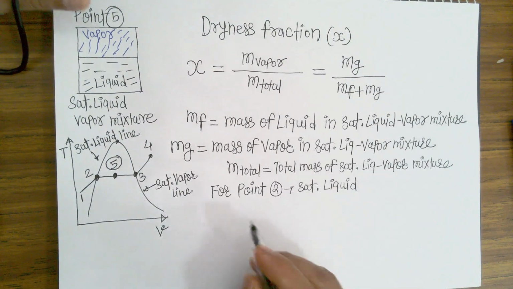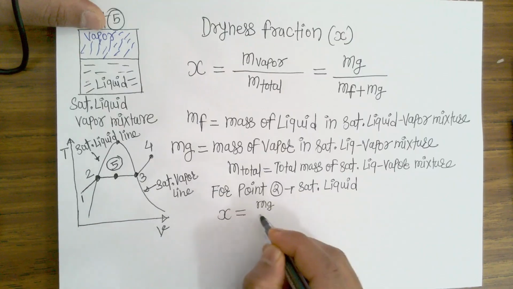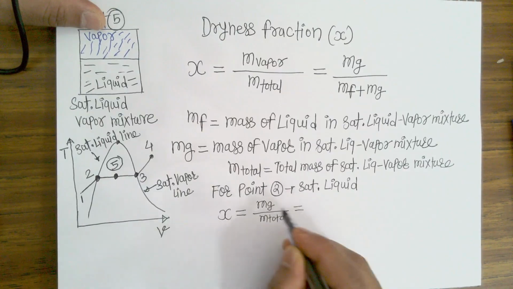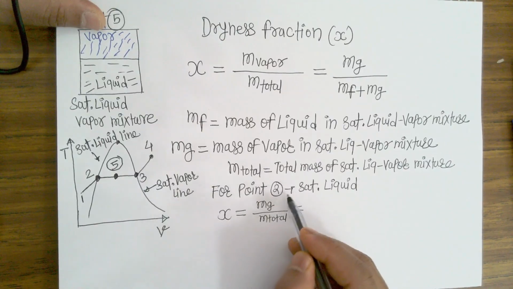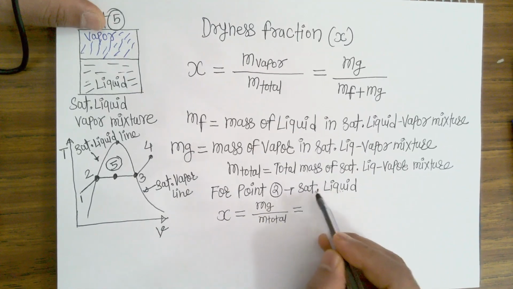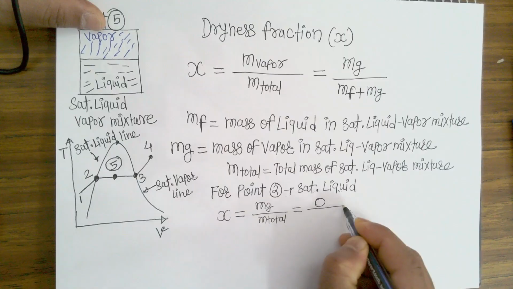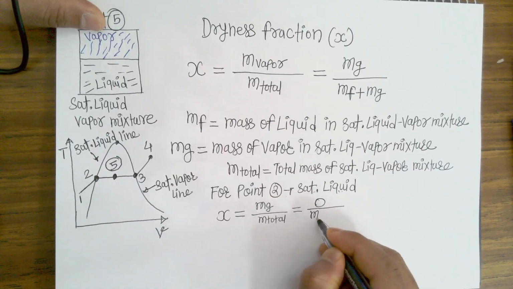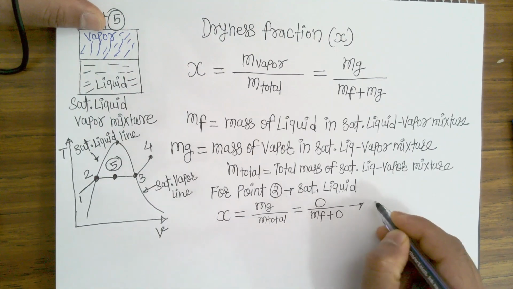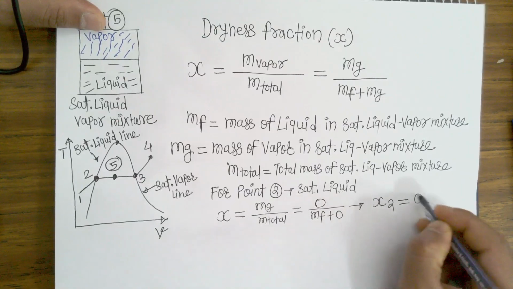So I will write x is equal to mass of vapor divided by total mass of mixture. So what is the mass of vapor at point 2? At point 2 there is no vapor because it is 100% liquid, saturated liquid condition. So mass of vapor is 0 divided by total mass. It will be mf plus mg. mg is 0. So from this, dryness fraction at point 2 is equal to 0.